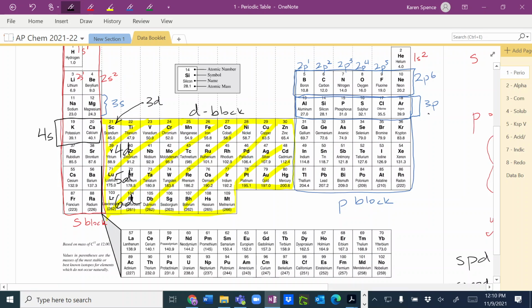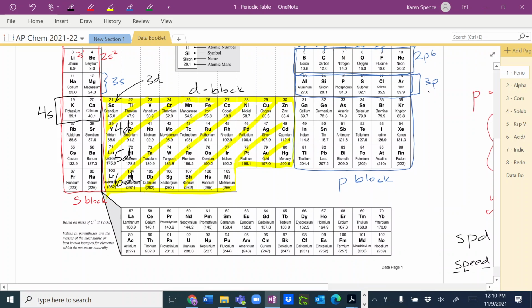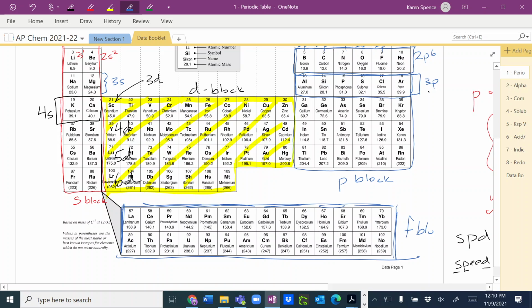Yeah? Where do we find the F block? Down at the very bottom. Okay, so we've got that down there. That's our F block. And it's going to come in right here.